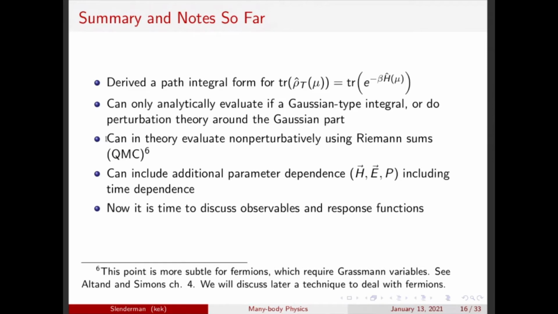Connecting it to the talk last week, we can, in theory, evaluate path integrals of this form non-perturbatively using basically Riemann sums. So quantum Monte Carlo, where you just sample different field configurations phi, and you sum all those up.